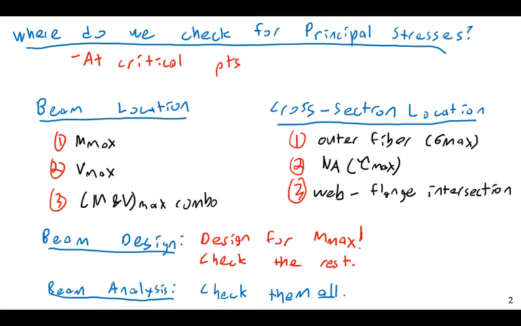So, let us see here. We have a very long form example, and this is going to be fun. Essentially all we're going to do is design a beam based off of the maximum moment, and then simply check it based on the other critical locations.